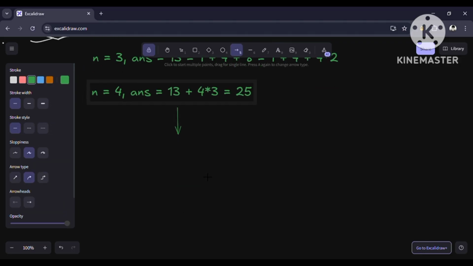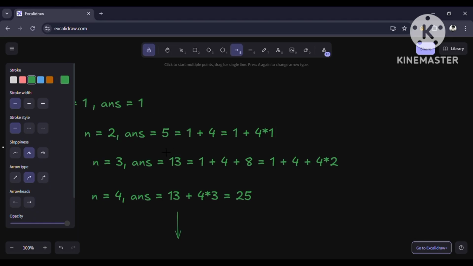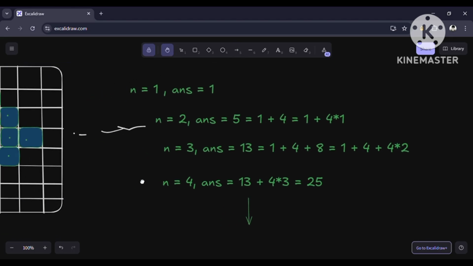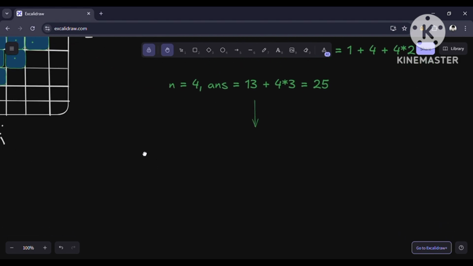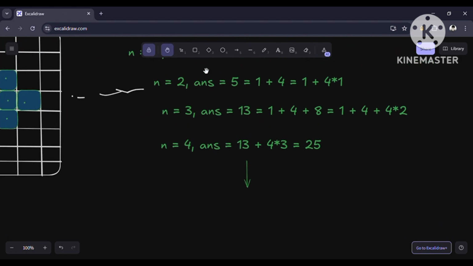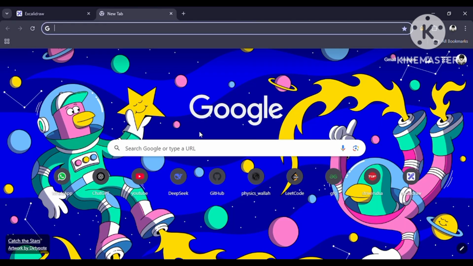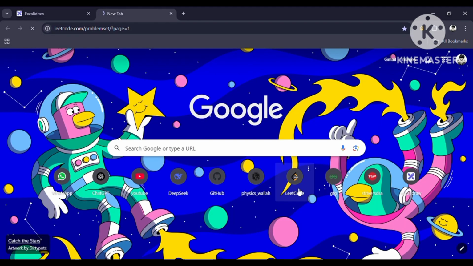So let me code this one, and then I will show you the optimal solution.